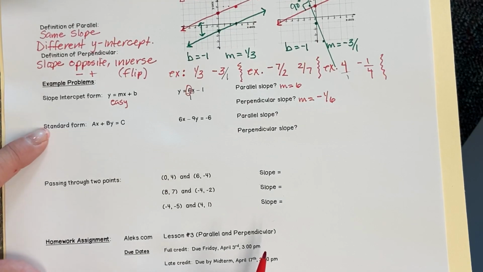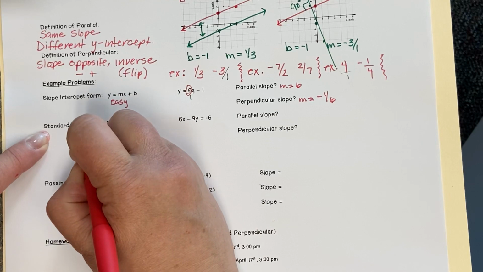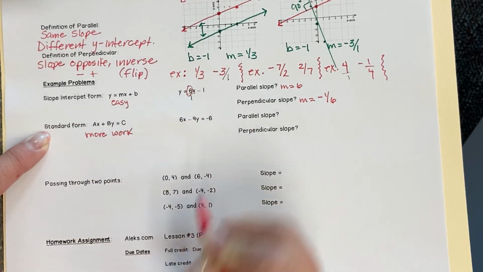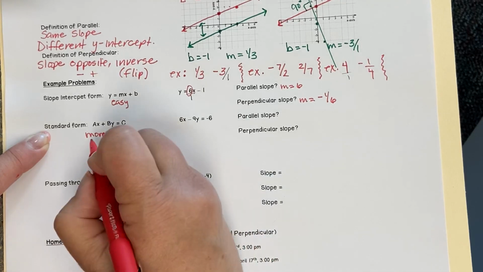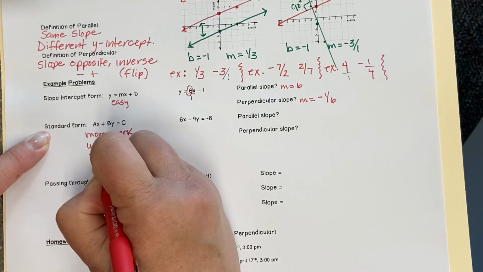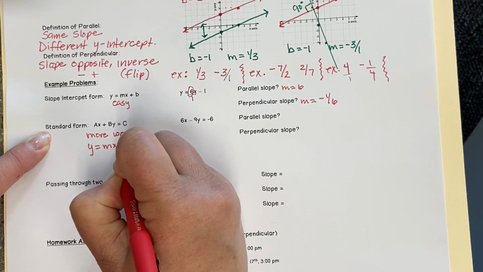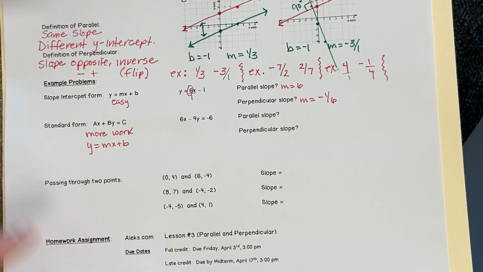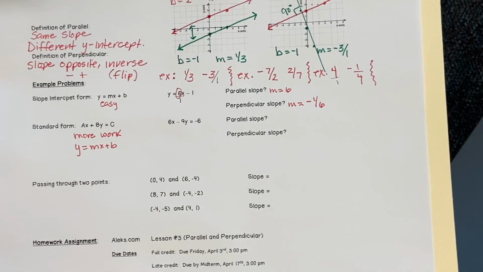Then you're going to come across a few that are in standard form. Standard form is a little more work because we need to switch it around until it's in the slope-intercept form so we can tell what the slope is. So, but that's not hard.